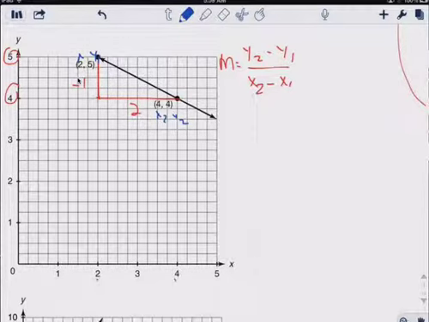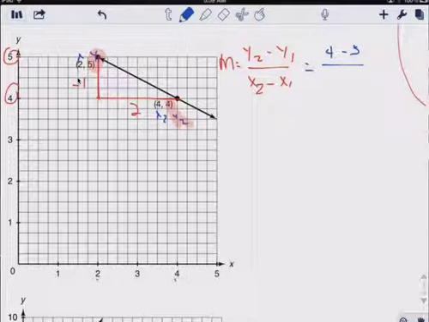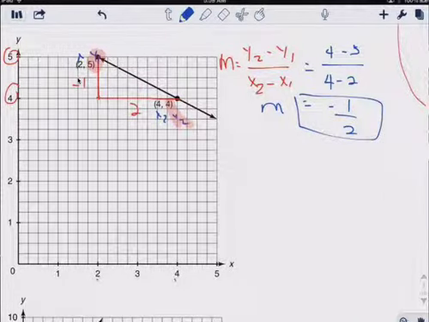Oh, excuse me, it's early in the morning. 4 minus 5, this 4 here minus this 5 here, and 4 minus 2 equals negative 1 over 2. That's the slope, and it matches.